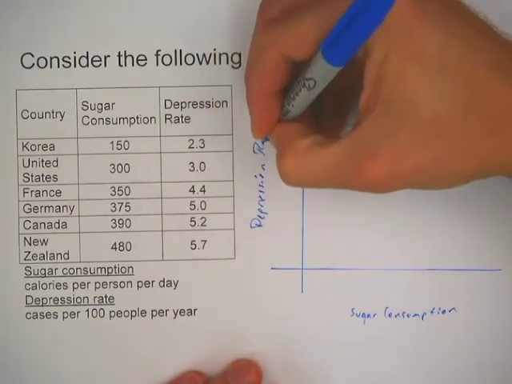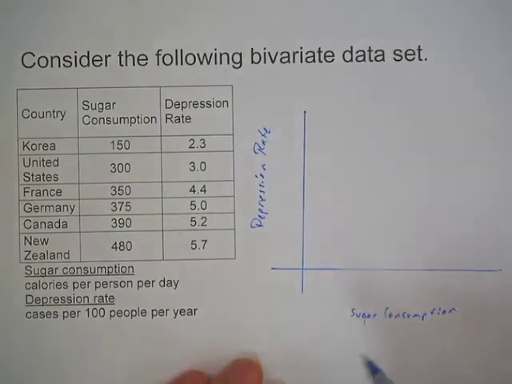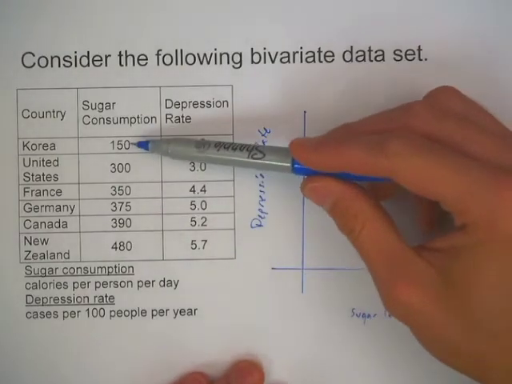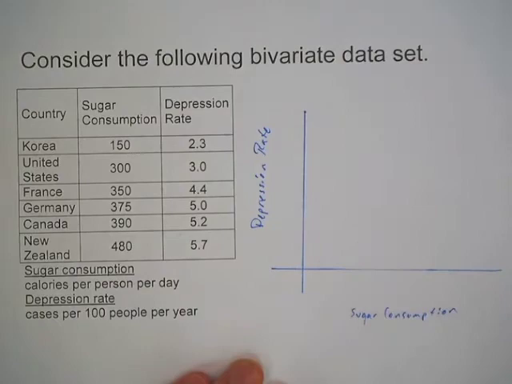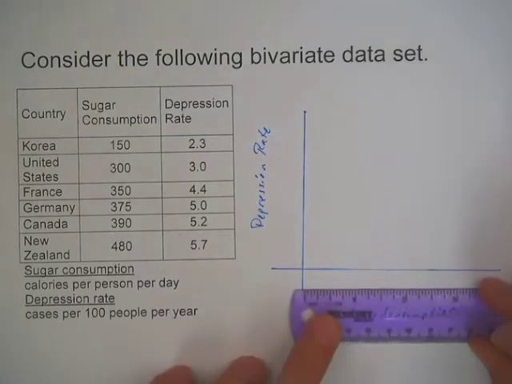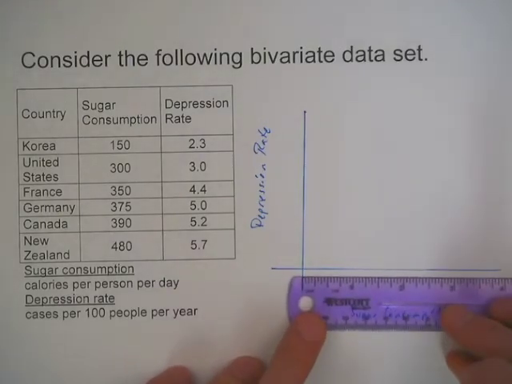Now on my x-axis, I need to be able to graph values from 150 all the way up to 480. So those are the minimum and the maximum. I think I can start at 0. I think it's reasonable to do that. And I need to get out to 480. So I think I'll count by hundreds.